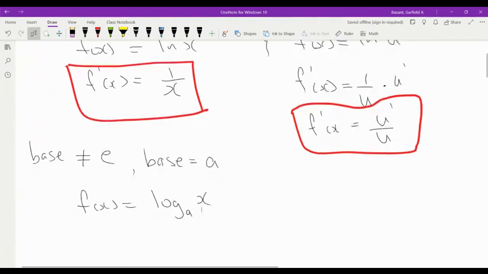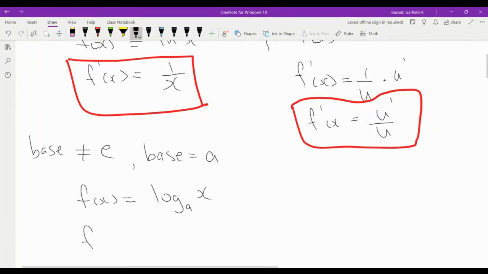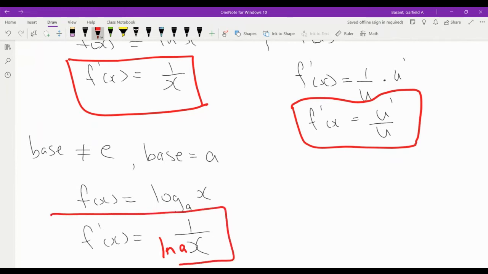So let's look at the similarities. Here f prime of x is going to be equal to 1 over x, just like the previous problem. And just like when we did the exponential function just now, we need to add the ln of the base in there. So this is the derivative when the base is not e.